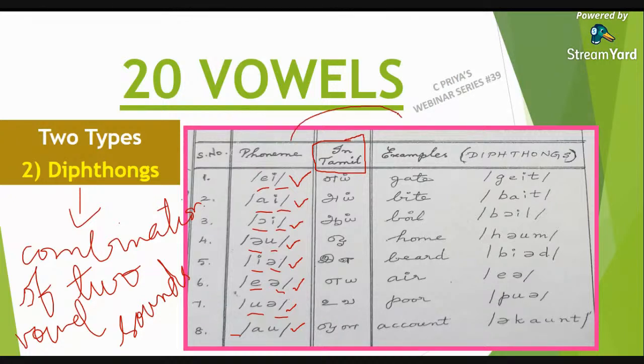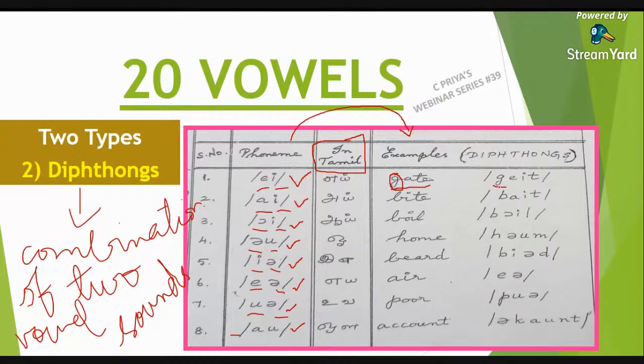Now we go to the examples straightaway. We have the word Gate. How to read this word? Getty or gutty? How do we pronounce the word? Gate. How do we come to know? Actually, gate is also incorrect. How to read this?